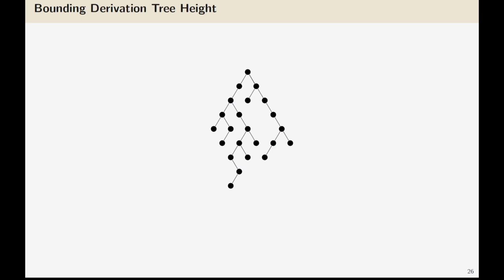Imagine you're given some derivation tree. Now we pick out any path in that derivation tree. If that path is sufficiently long, then we know we have some non-terminal type that gets repeated over and over, and we can write down the embedding maps between these non-terminals.